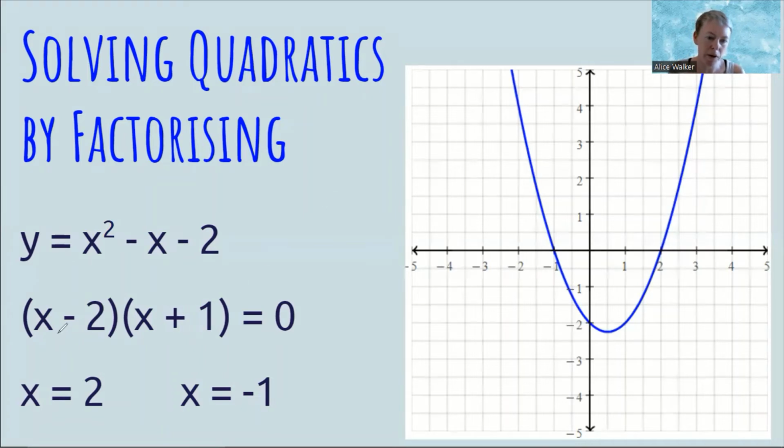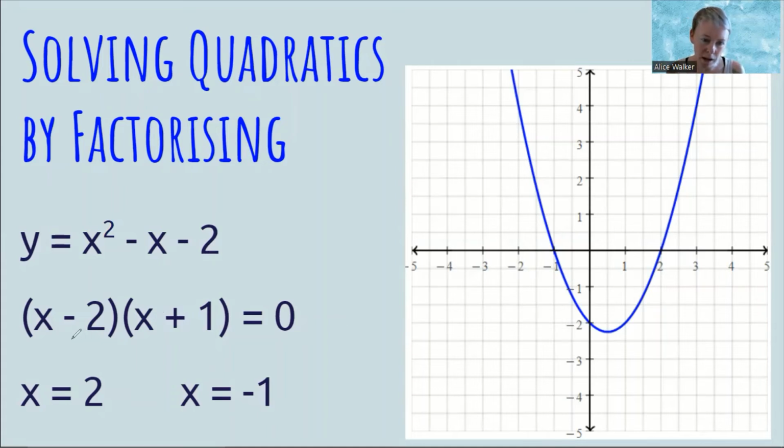So anyway, we have x minus 2 times x plus 1 equals 0. And what's happened is that if I've multiplied 2 things together and the answer is 0, at least one of those things must have been 0, because how can you make 0 by multiplying? There's only one way. It's timesing a number by 0.